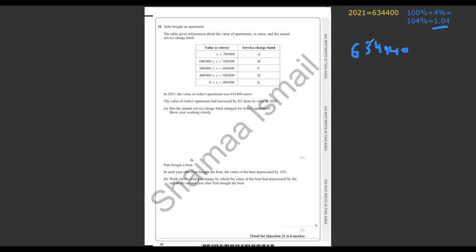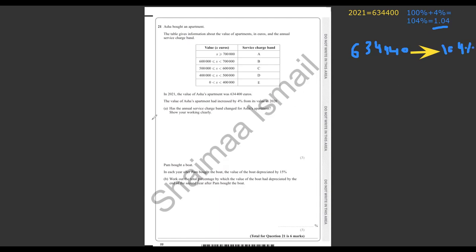634,400 represents the percent increased, which we say is equal to 104%.